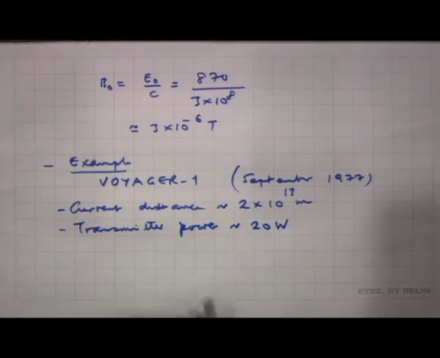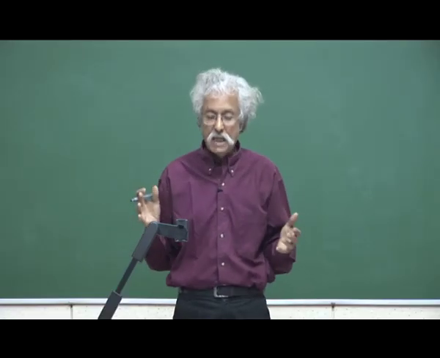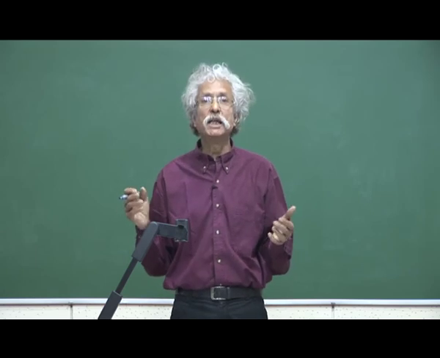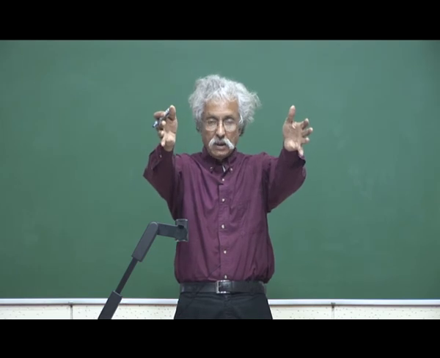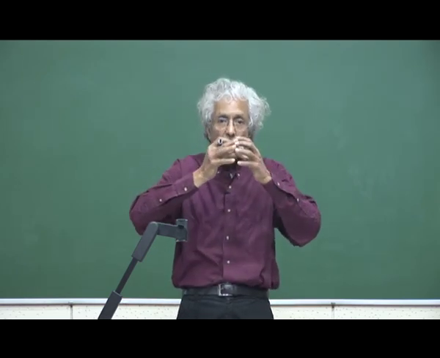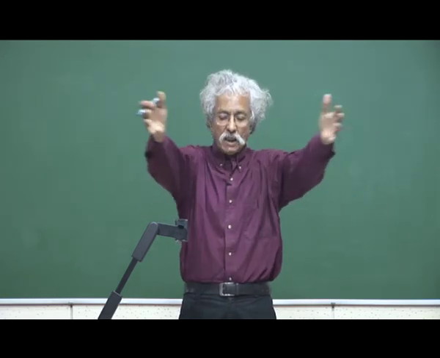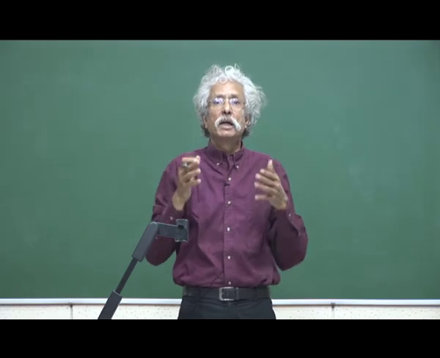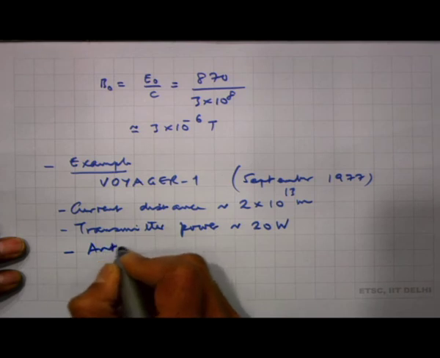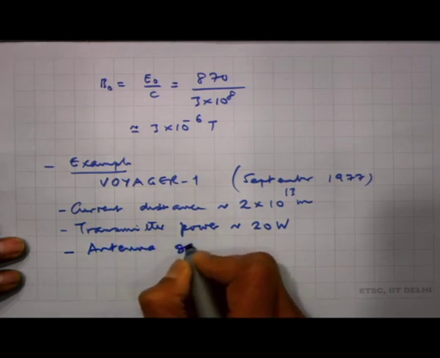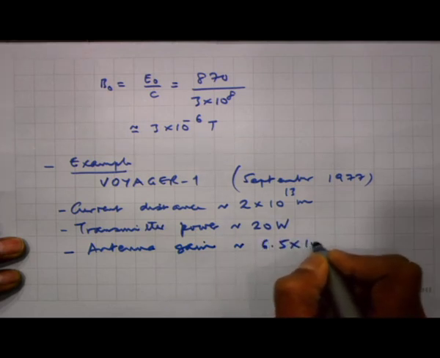Now, this transmitter is not transmitting in all directions, but it is a form of an antenna. You must have seen the antenna that you use for cable television. There is an antenna which directs the waves in a particular direction, so instead of the electromagnetic waves going in all directions, you can reduce the spread of these waves and increase the intensity in the direction that you want, and so we define what is called the antenna gain, which is approximately 6.5 into 10 to the power 4.